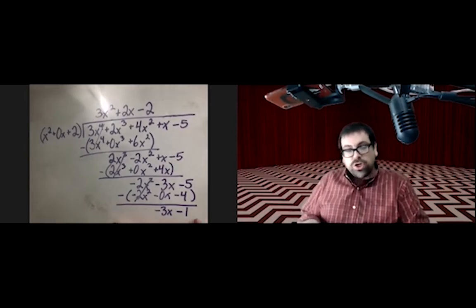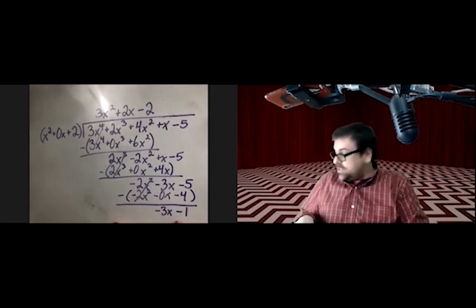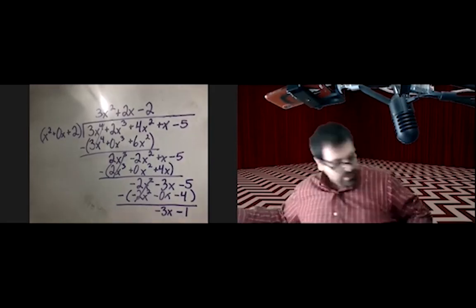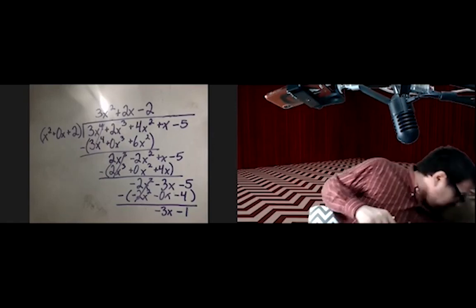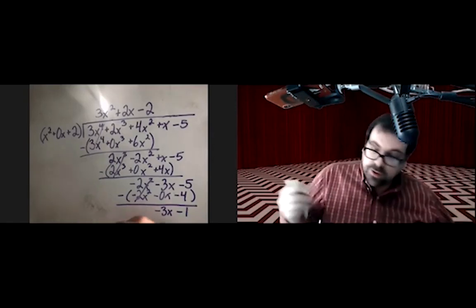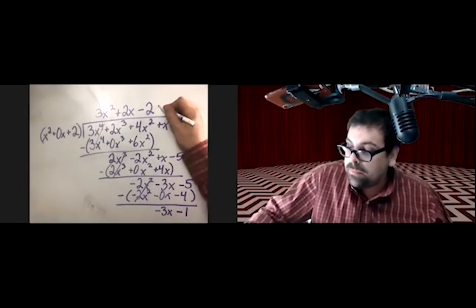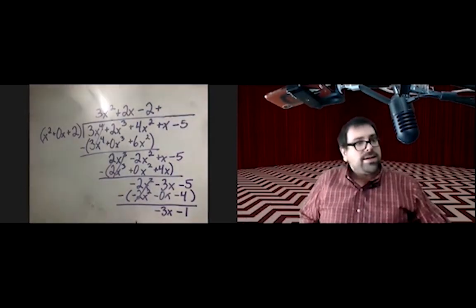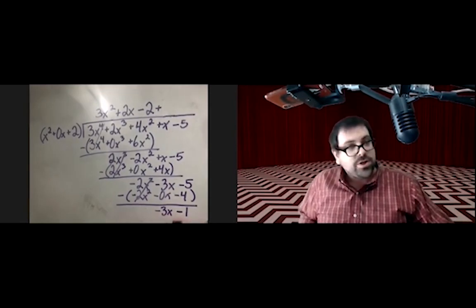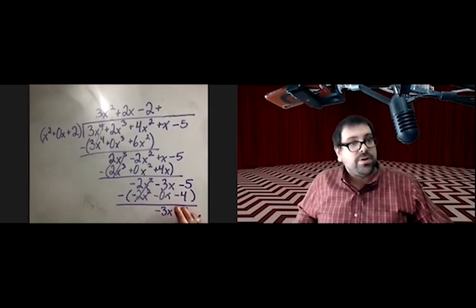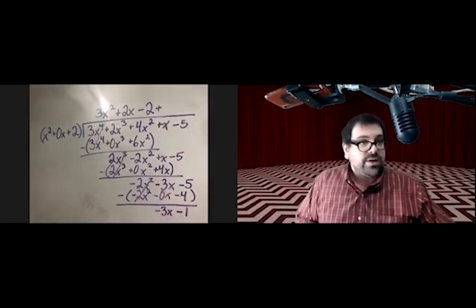Since this is a whole term, I'm still going to go ahead and write this as plus. I'm not going to take the minus because it's not just a single term. If this was just minus 3x, I'd put minus 3x over whatever.